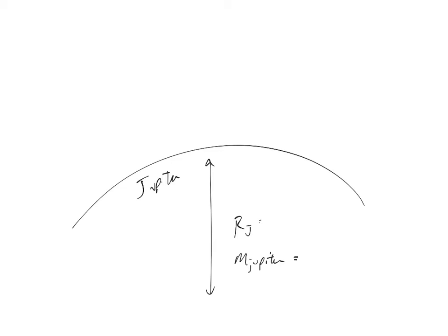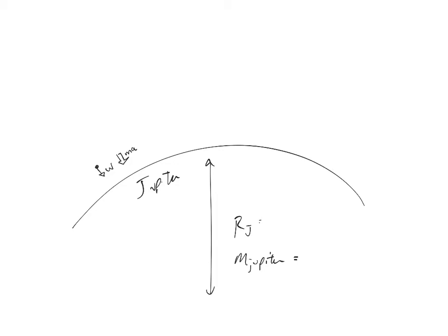So the way you would find this, it's for an object in free fall, right? So there's an object falling. Its weight is W. Can I use Newton's second law for an object in free fall? Is that constant acceleration? So I can use Newton's second law and say that the weight of the object equals the net force, which has a magnitude of m times a.